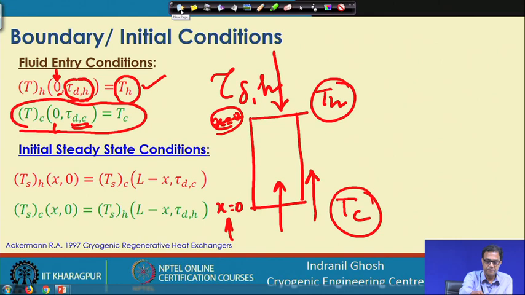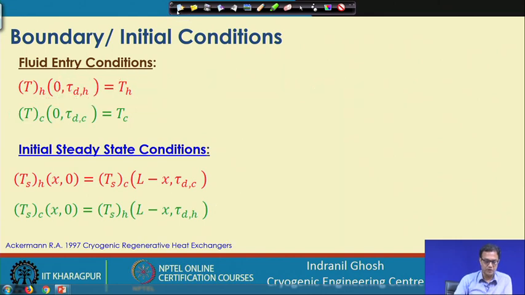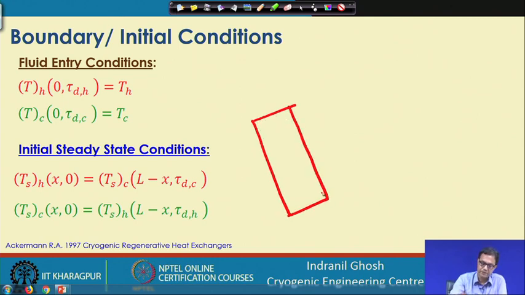Now, the initial or steady state condition is basically what we mean: what is the temperature of this bed, how is it behaving, or the temperature of this matrix, which we want to calculate.